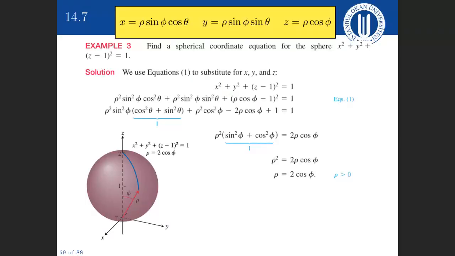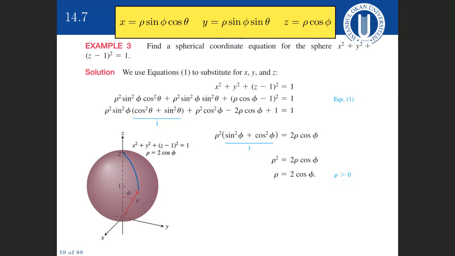Let's take an example from the book. Find a spherical coordinate equation for the sphere x squared plus y squared plus (z minus 1) squared is equal to 1. The equations that we need are at the top. We're going to use these equations to replace x, y, and z.